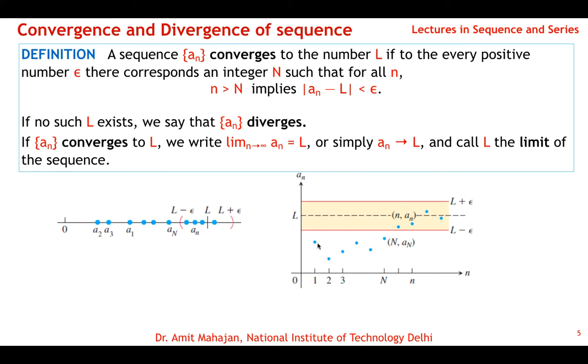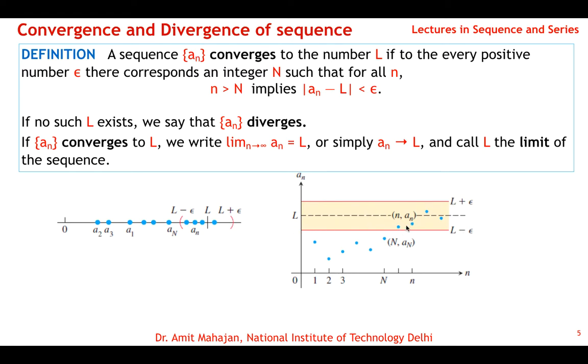So there's your a1, a2, a3, a4, and so on, but there exists an integer n. So there is a point n at which the element is an. After this element, all the elements lie in the band which is epsilon within the L. If this is your L, then L minus epsilon is this and L plus epsilon is this.